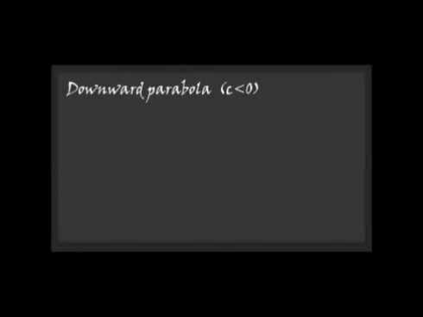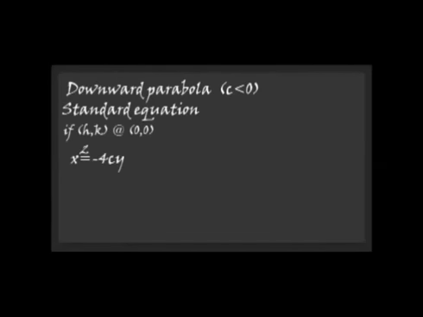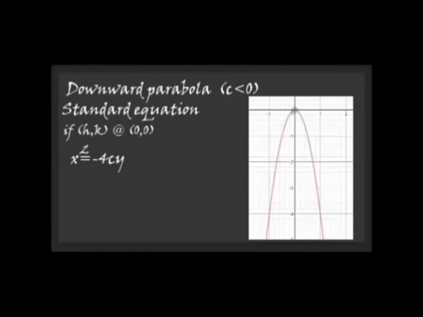Next, downward parabola. When c is less than 0, for the standard equation you just add a negative to the 4c, so the formula is x squared is equal to negative 4cy. The only difference is that the 4c is negative, making it a downward-opening parabola.